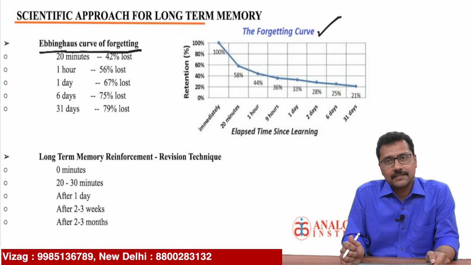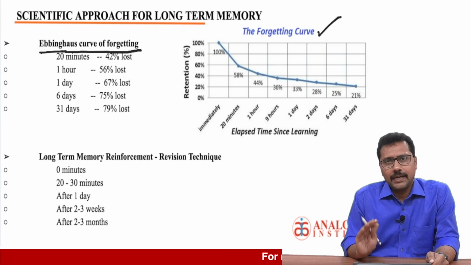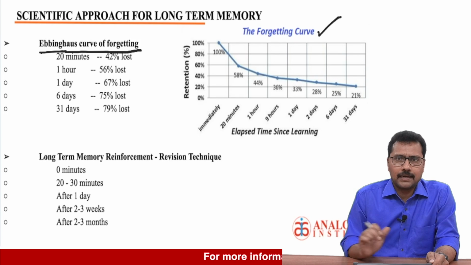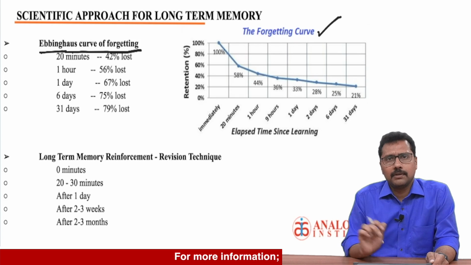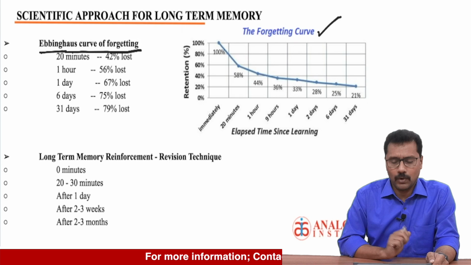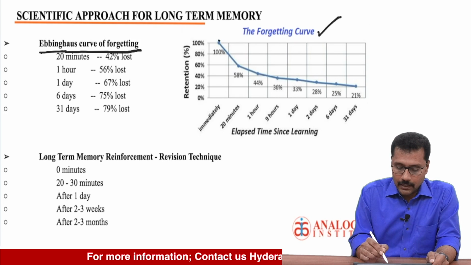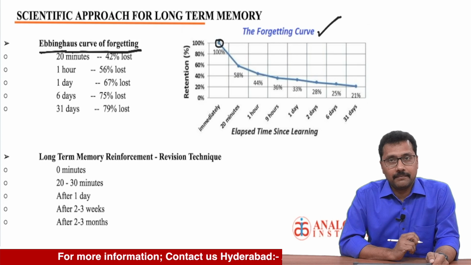Now what it says is, whatever you read just now, suppose you read one article, or maybe regarding preamble you read one book. Now what happens? Immediately you will be able to recollect whatever you just have read.